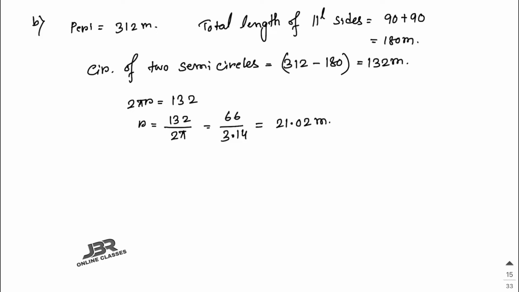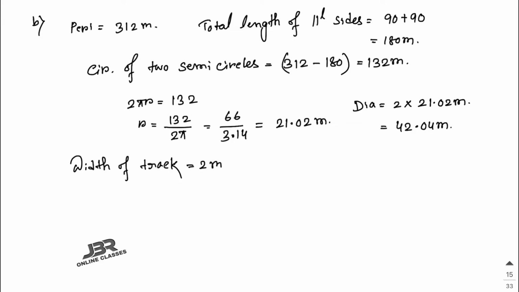Okay, so the diameter is double of this, so 2 into 21.02 meter, that equals 42.04 meter. Now the width of the track equals 2 meter.